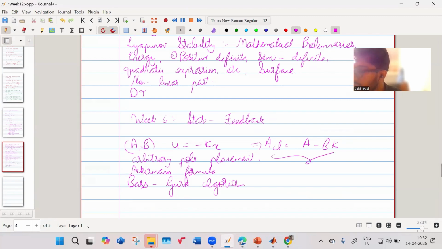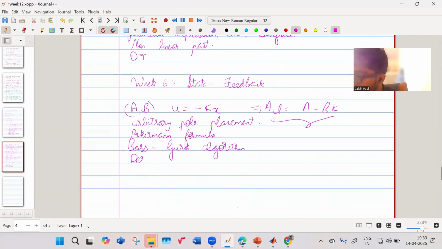But I recommend going this way. You find A minus BK, and you find the poles. You have a desired characteristic equation, and you have an evaluated characteristic equation.